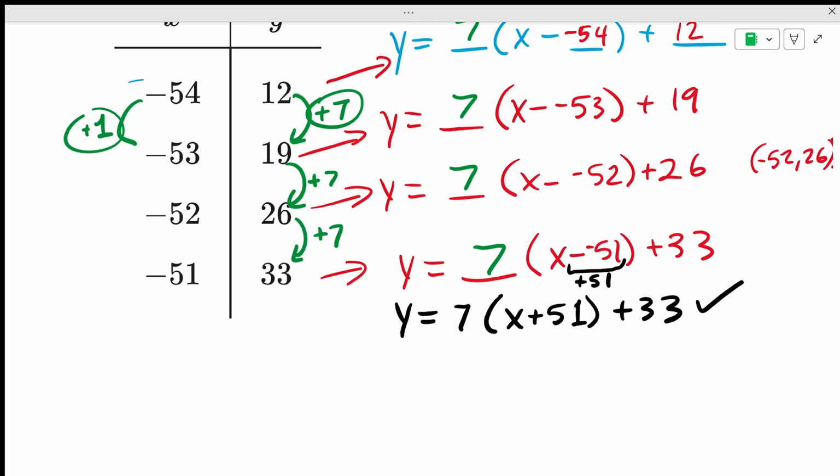Now, this template that I showed you, y equals something times x minus something plus something, that is called point slope.